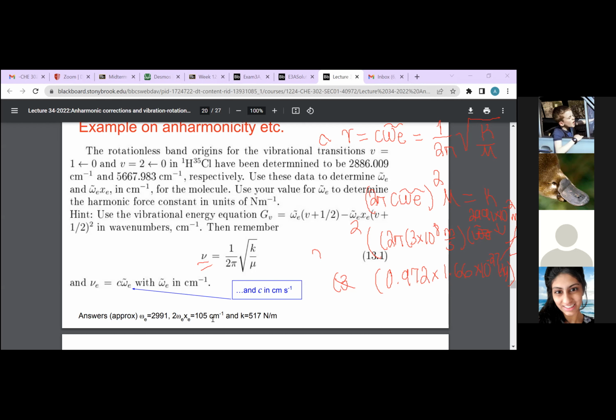Okay, times 2 squared times the reduced mass. I am not completely sure what I did wrong here. Because I did, okay, that's 2 pi, that's squared.